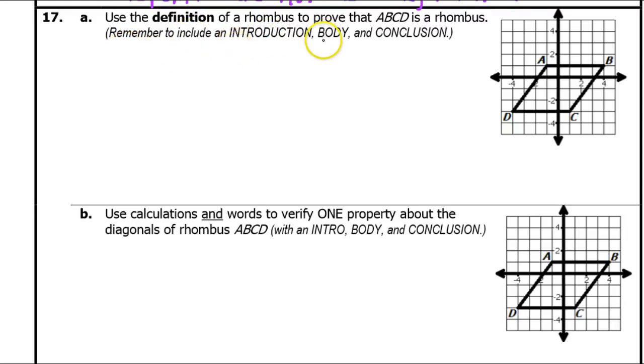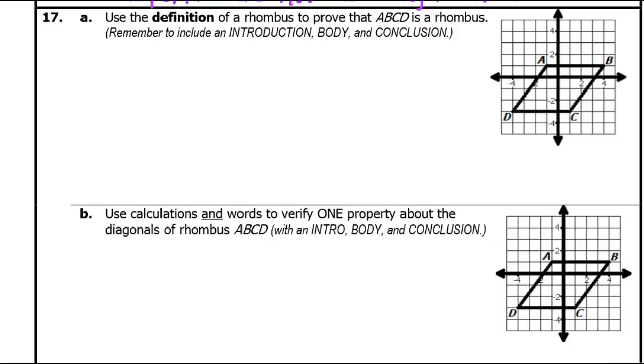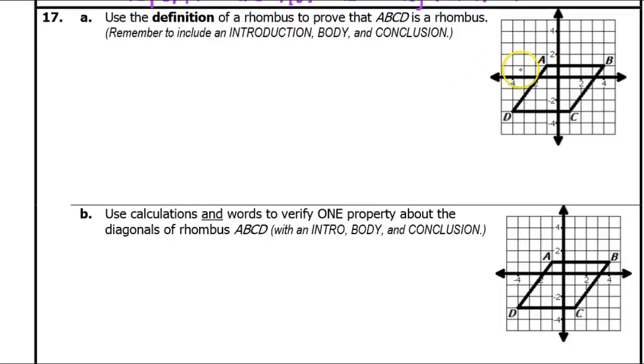How will we prove this? Let's start with the definition of a rhombus, which says we have 4 congruent sides. So our strategy is to prove that we have 4 congruent sides. Let's write that down as our introduction.